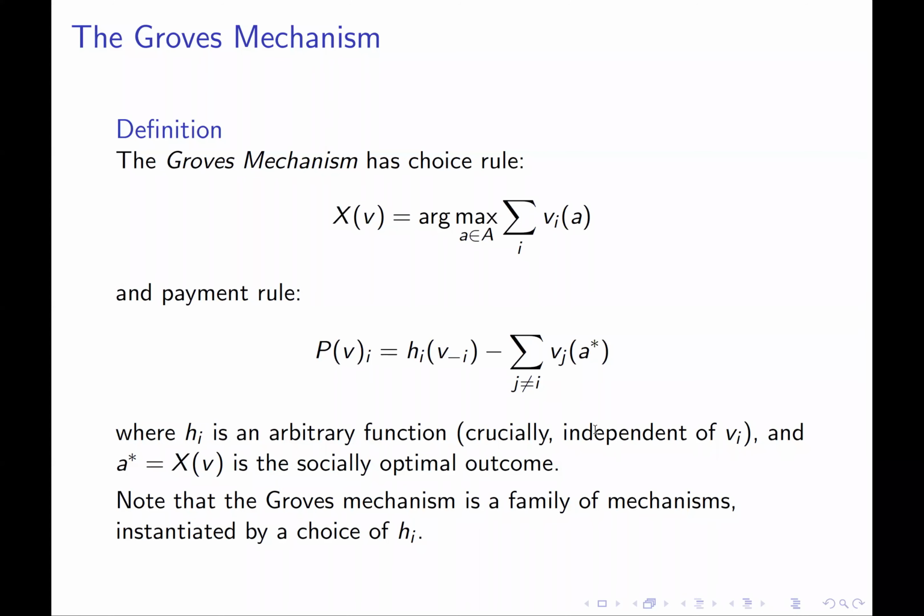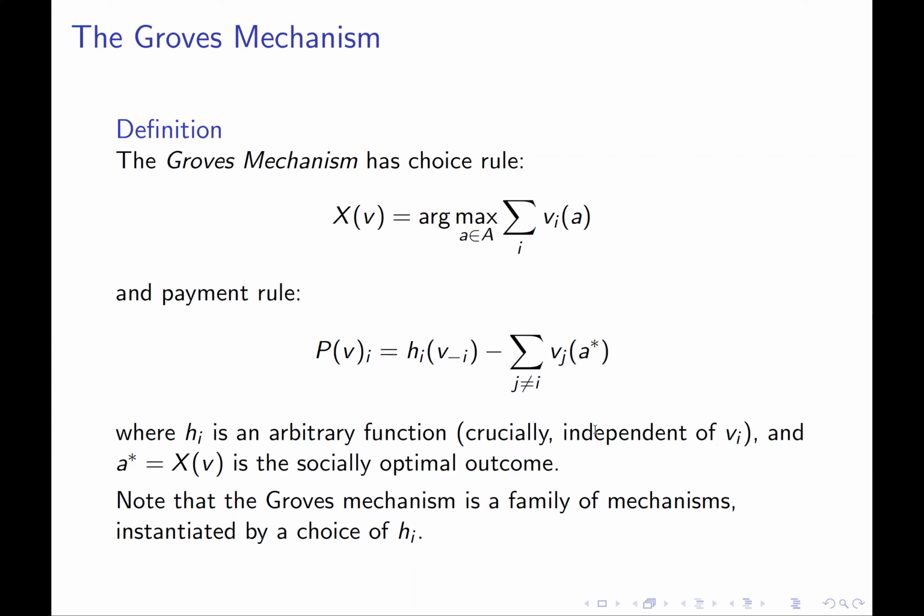So anything interesting that happens is in the payment rule. And here's how the payment rule in the Groves mechanism is defined. There's going to be this function h, which is left unspecified, which is what makes this a whole class of mechanisms. Any payment rule that has the following form for any choice of this function h will be a Groves mechanism.